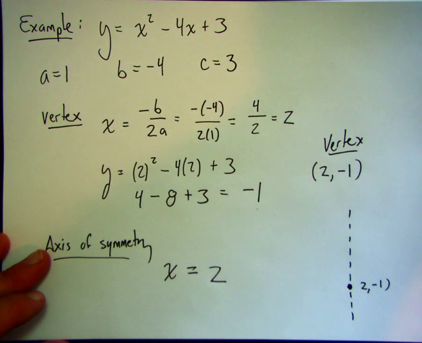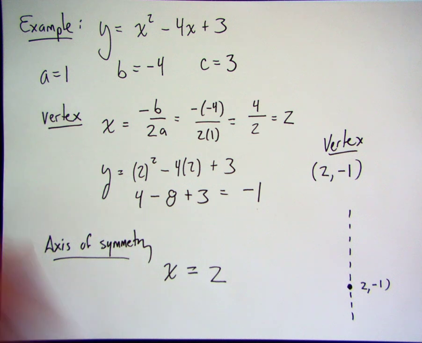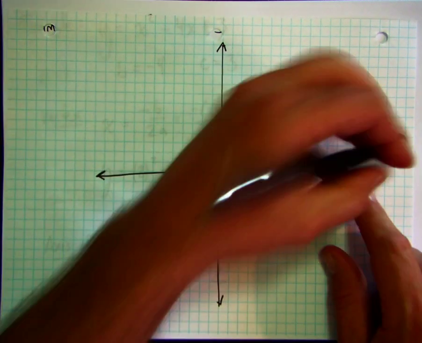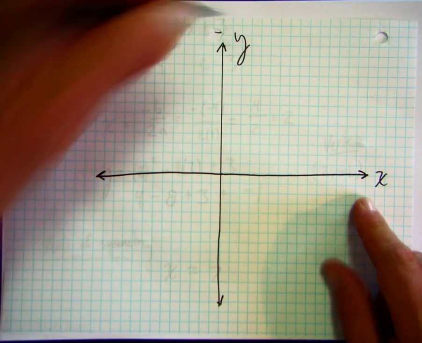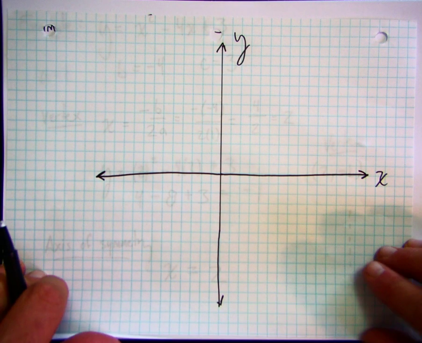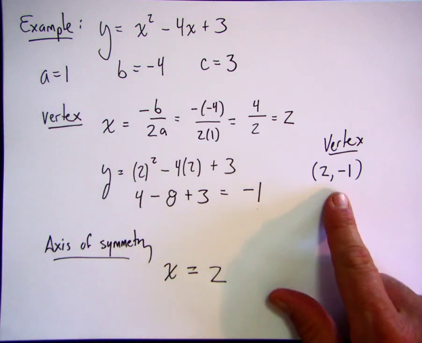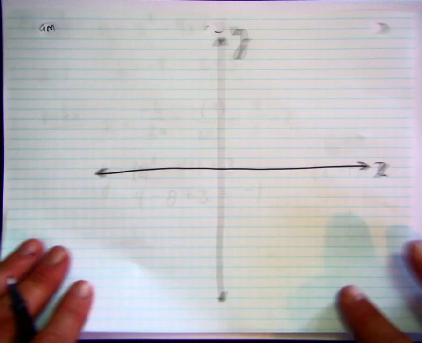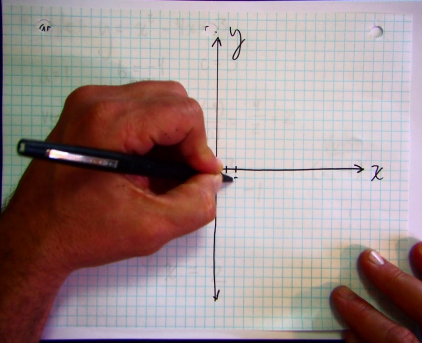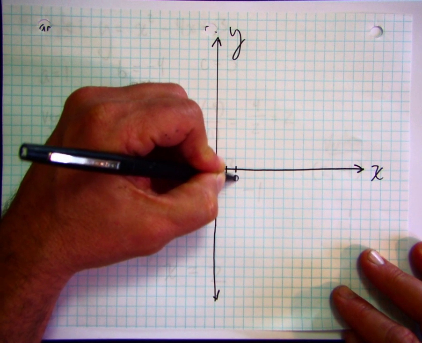Now at that point we can actually plot the vertex and the axis of symmetry. So let's draw a graph, and let this be your x-axis and this be your y-axis. The vertex was 2, minus 1. So let's plot that: 1, 2, minus 1, and put a dot right there. That's the vertex.